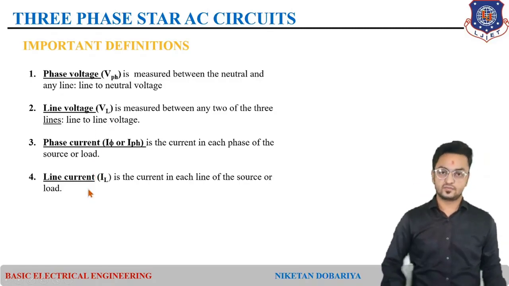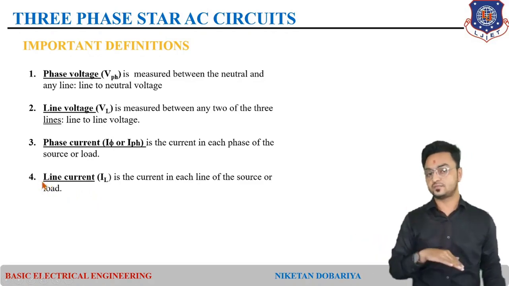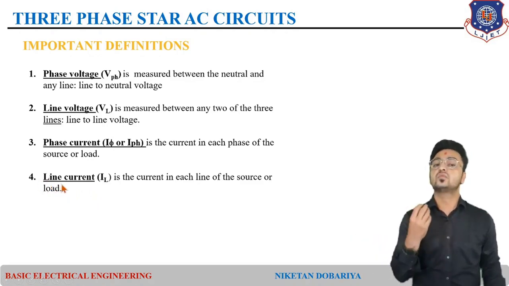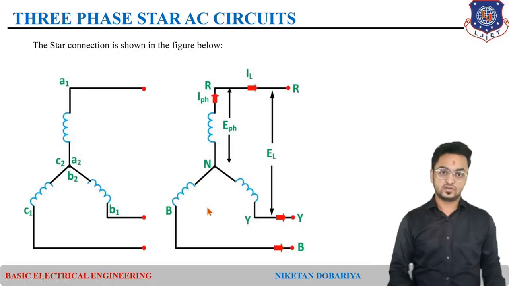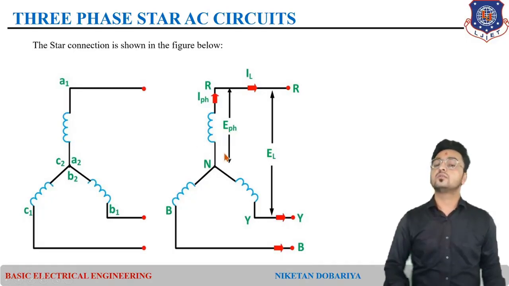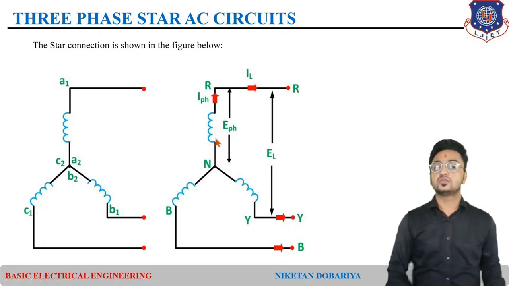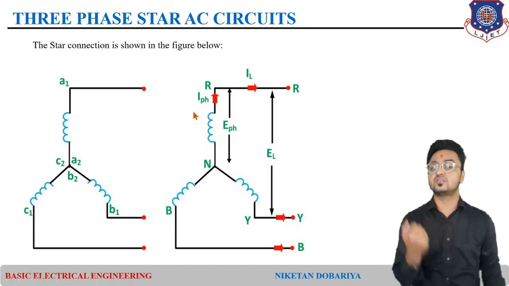Same with line current. If you measure the current in line A, line B, or line C, those currents will be defined as line current. So these are the parameters. If we define those four parameters, the first one was the phase voltage. As we discussed, if we measure the voltage across one phase, one winding, here we have one point of line and one neutral point.